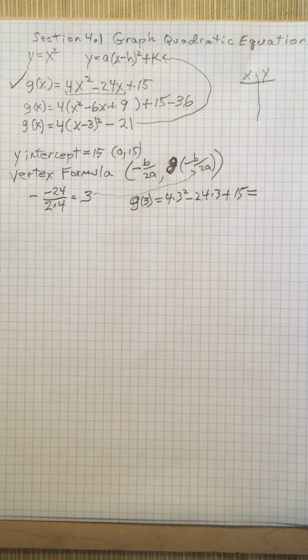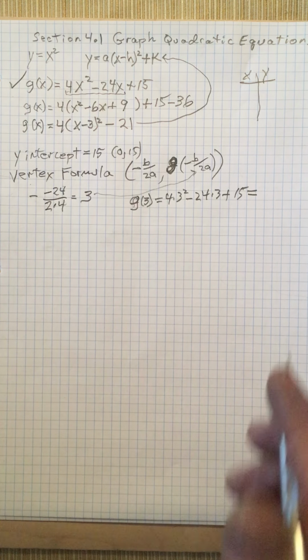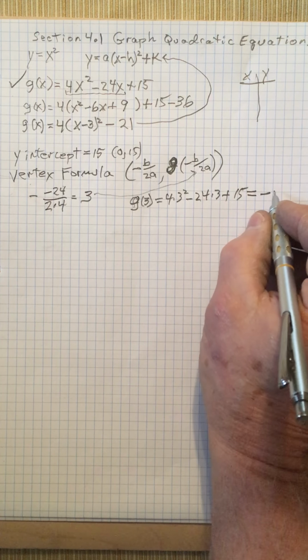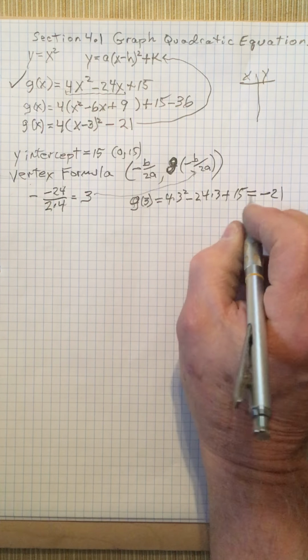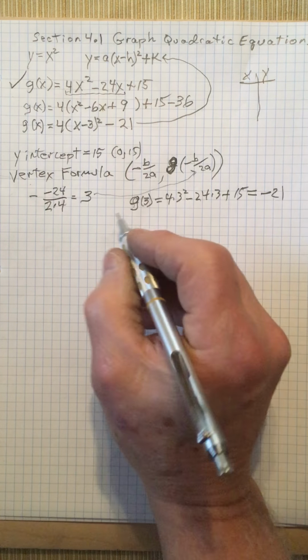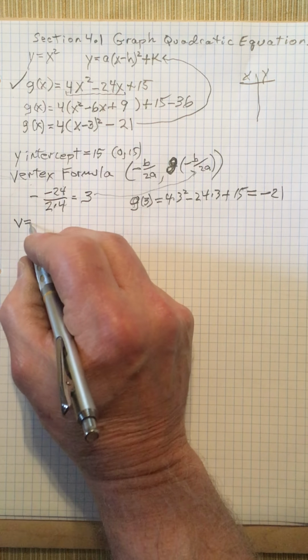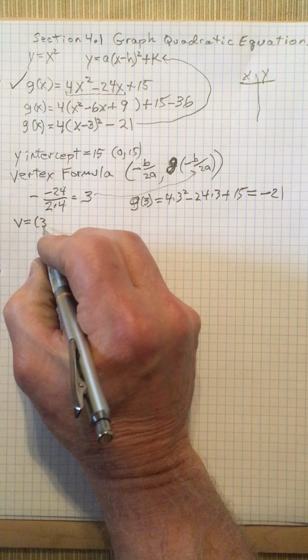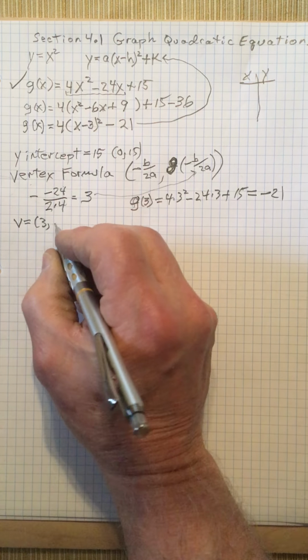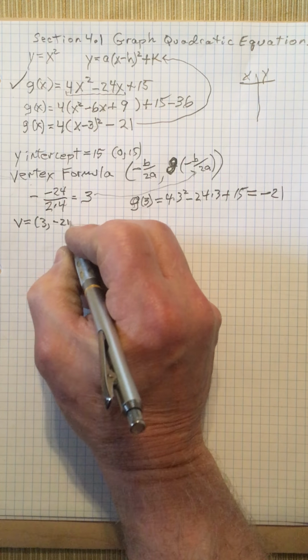I already figured all that out. Comes to minus 21. So if you figure all this out, you'll get minus 21. So what does that mean? That means our vertex equals the point x equals 3. The function is minus 21.